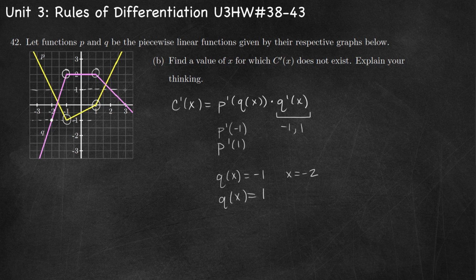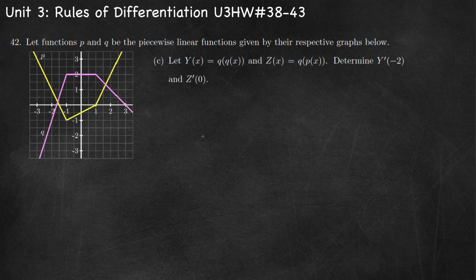Q equals 1 here at positive 2, and here, and we'll just estimate that to be about negative 1.4. Okay, so we have 5 values of x where c prime will not exist. So x equals negative 2, negative 1, negative 1.4, positive 1, and positive 2.